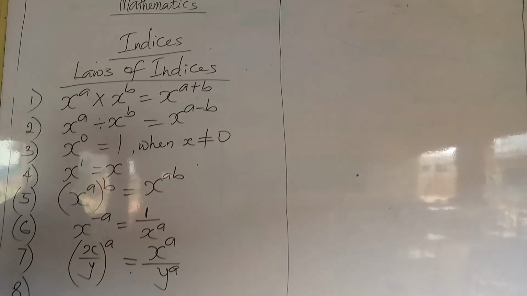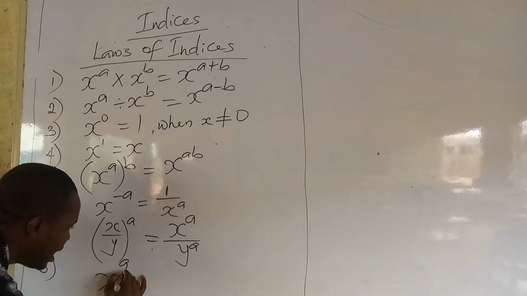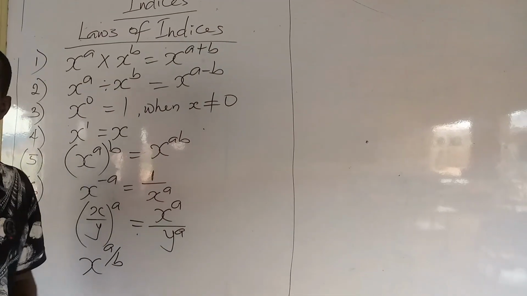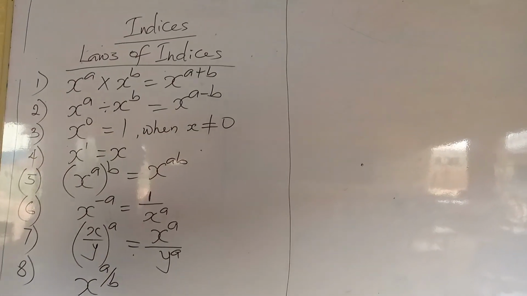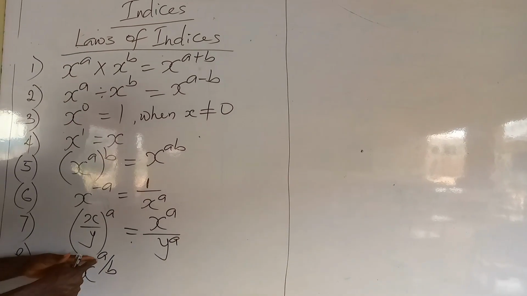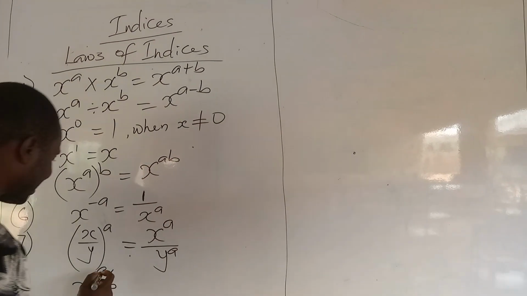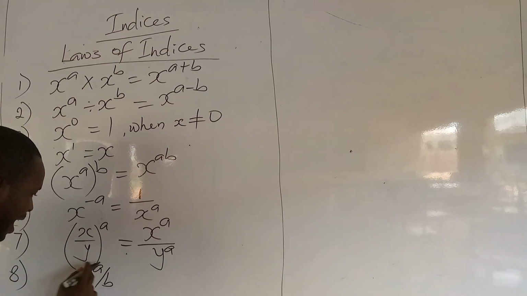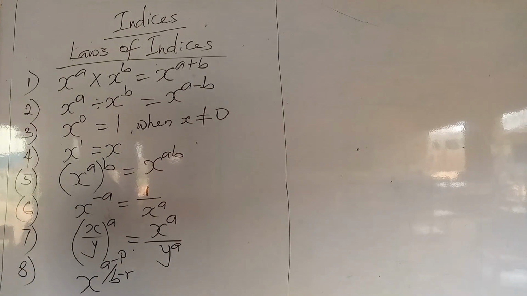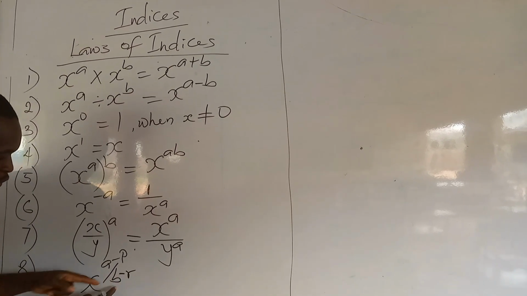Let's look at law 8 here. If I have x raised to power a over b, at this point, you have to take note. x raised to power a over b, this is a fractional power. In fractional power, you have the numerator as a now, and you have the denominator as b. The numerator, I call it the power. The denominator, I call it the root. So the numerator is the power, the denominator is the root.